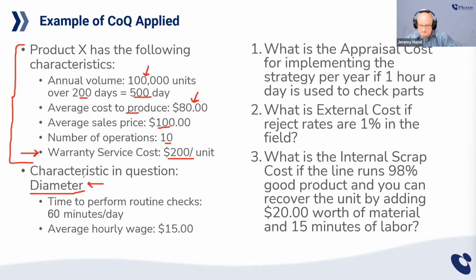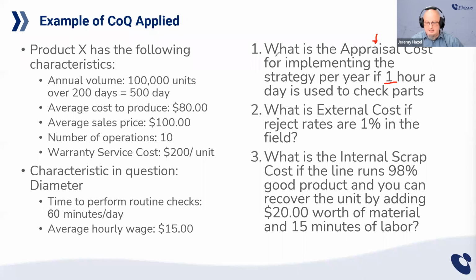So let's convert it. If we need 60 minutes a day to do these routine checks, and we pay an average of $15 an hour, here's the question. What is the appraisal cost for implementing this strategy if 1 hour a day is used to check parts on a yearly basis?